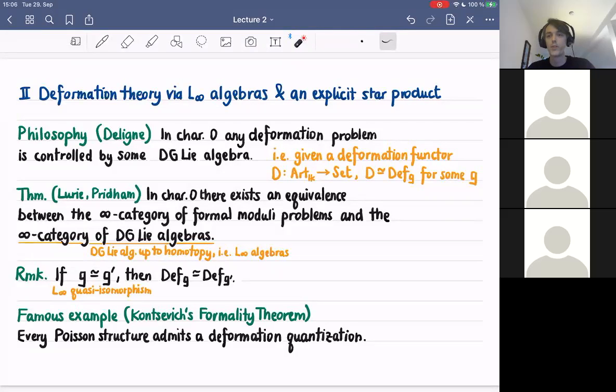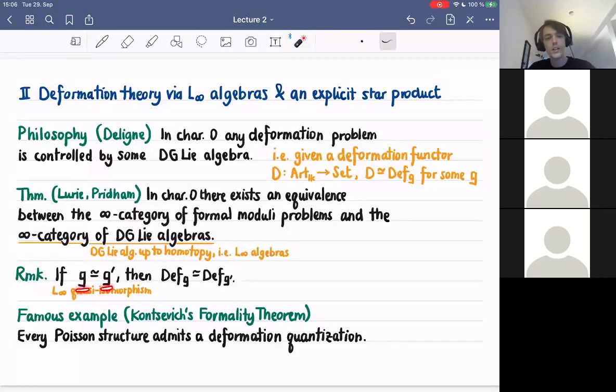One famous example where this point of view, and especially the point of view of L-infinity algebras, was used was in Kontsevich's proof of his formality theorem. The result that he was able to prove using this is that every Poisson structure admits a deformation quantization. In the context of these Poisson structures and star products, there were two DGLAs.